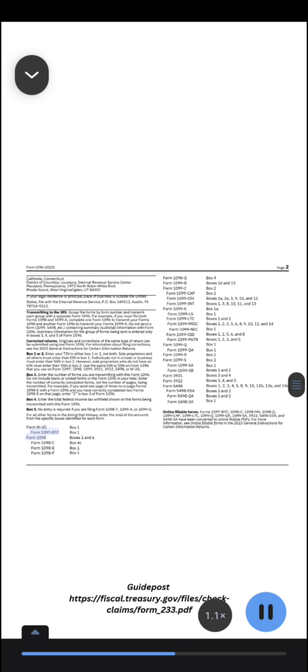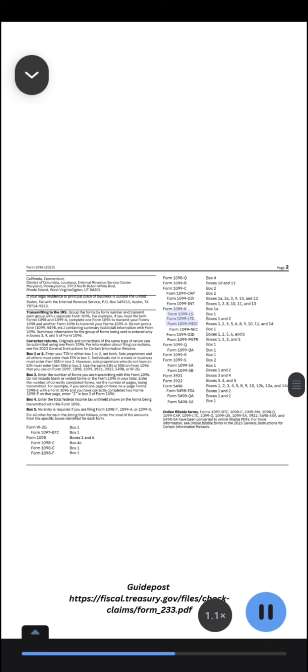Form W2G, Form 1097-BTC, Form 1098, Form 1098-C, Form 1098-E, Form 1098-F. Box 1, Box 1, Boxes 1 and 6, Box 4c, Box 1, Box 1. Form 1098-Q, Form 1099-B, Form 1099-C. Form 1099-CAP, Form 1099-DIV, Form 1099-INT, Form 1099-K.